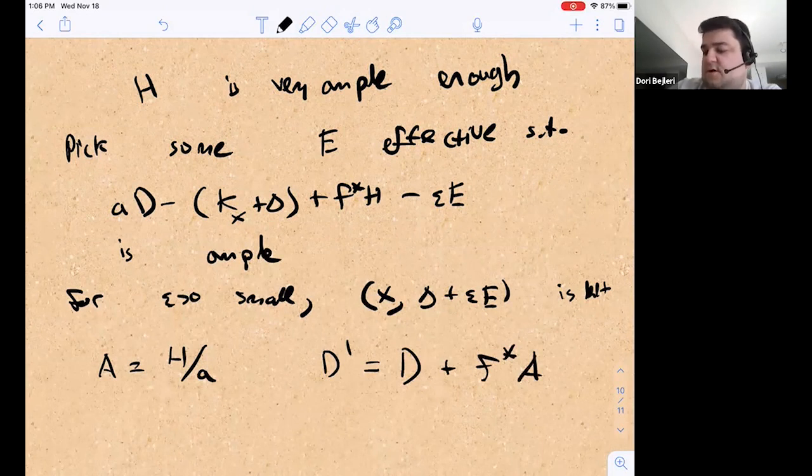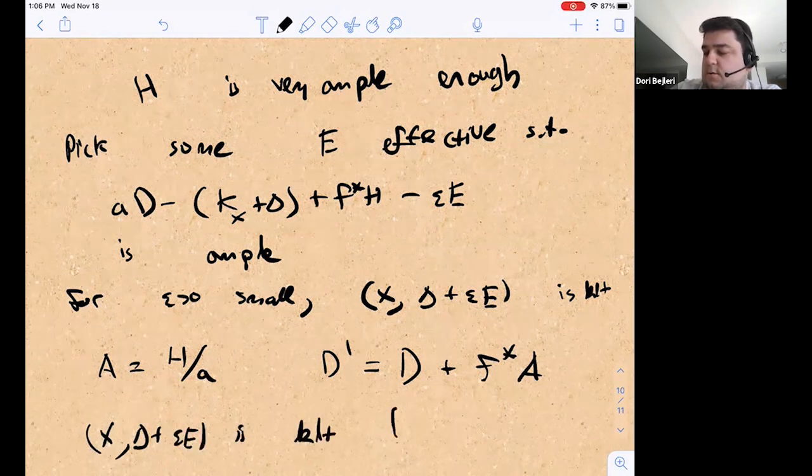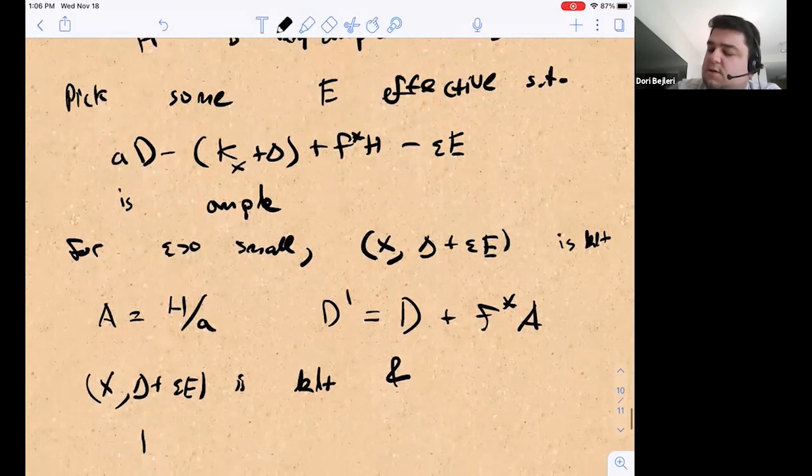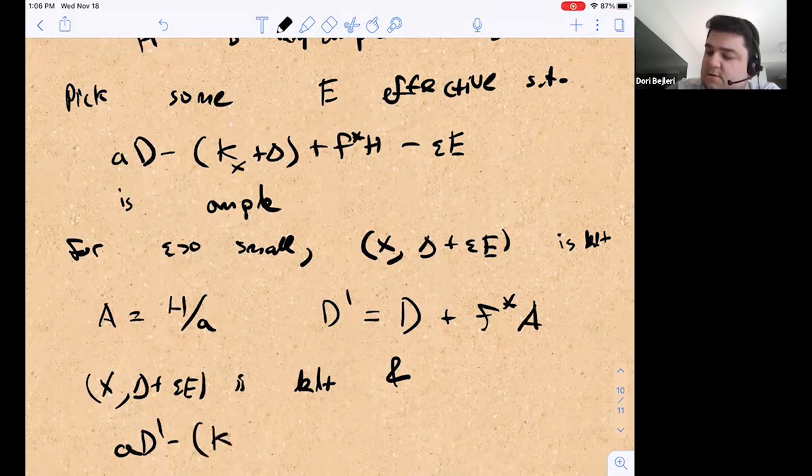We have that (X, delta plus epsilon E) is KLT, and AD prime minus the log canonical of this new pair, let's call this delta prime, is ample.